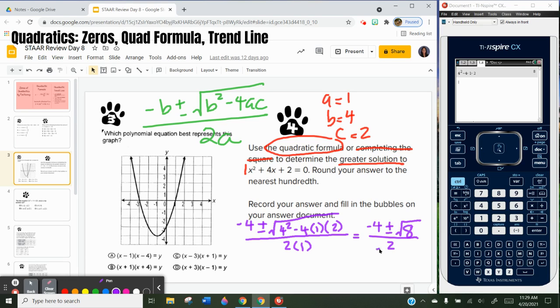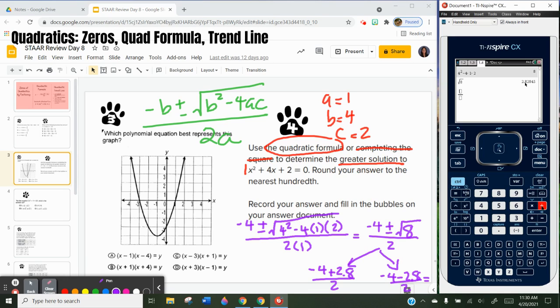Now we're going to break our answer into two solutions because of this plus and minus. My first answer is negative 4 plus whatever the square root of 8 is. So the square root of 8, if I type that in, it's 2.8. So 2.8 over 2. The other solution is negative 4 minus 2.8 over 2. So notice that I wrote one of them with a minus, one of them with a plus.